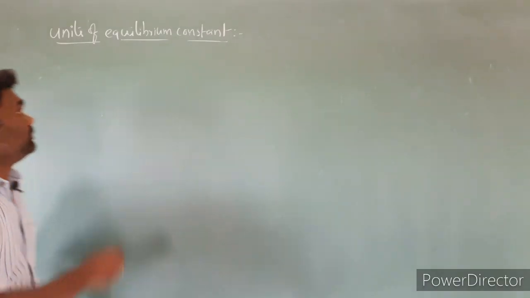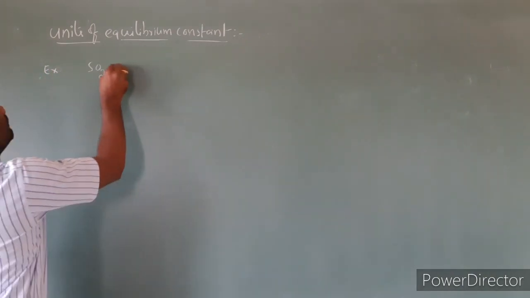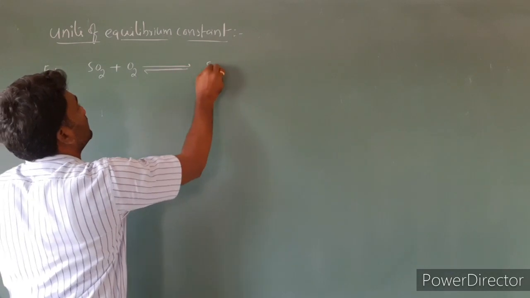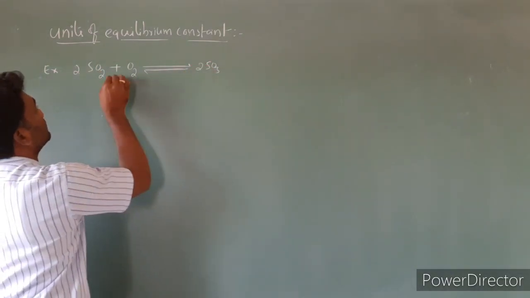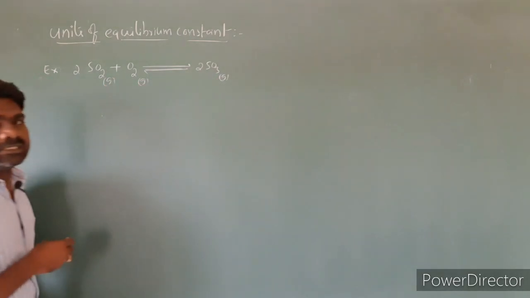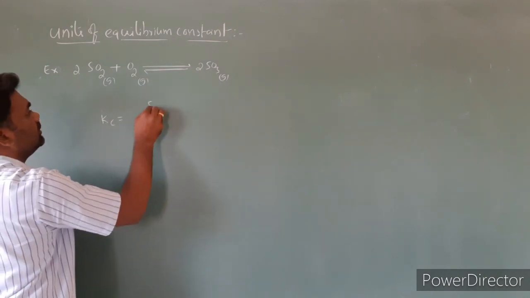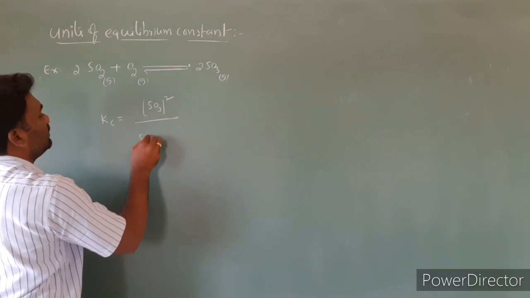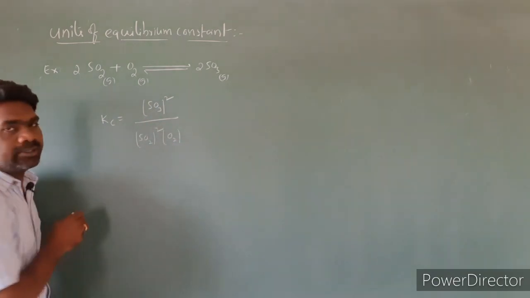Next example. I am taking SO2 plus O2 gives rise to SO3. Balance this: 2SO2 plus O2 gives rise to 2SO3. All are gases. For this case we write the equilibrium constant Kc is equal to SO3 concentration power 2 by SO2 concentration power 2 and O2 concentration, isn't it?